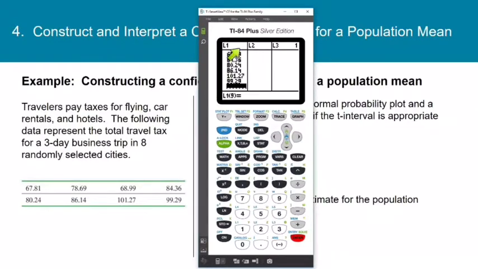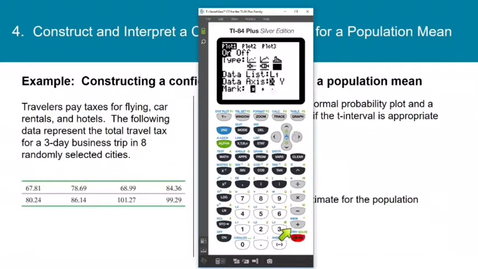Okay, so I have entered those 8 values into my list 1, and now what we need to do is look at a normal probability plot and a box plot. So I'm going to go second y equals, and I'm going to change stat plot 1 to a normal probability plot first. Let's hit enter here. I will arrow down and then right arrow until I get to the normal probability plot.